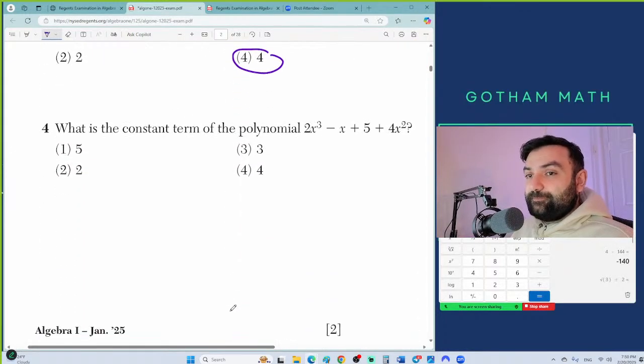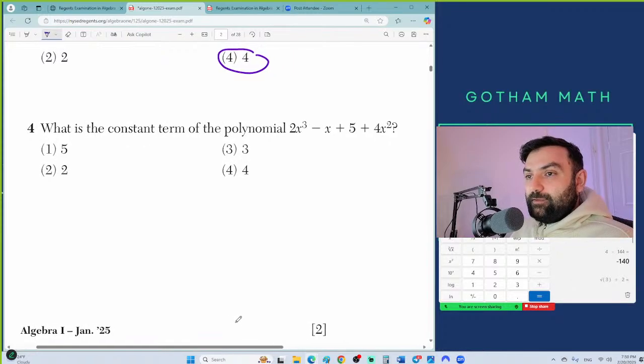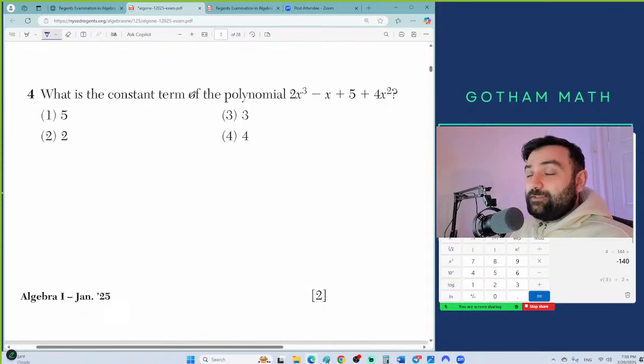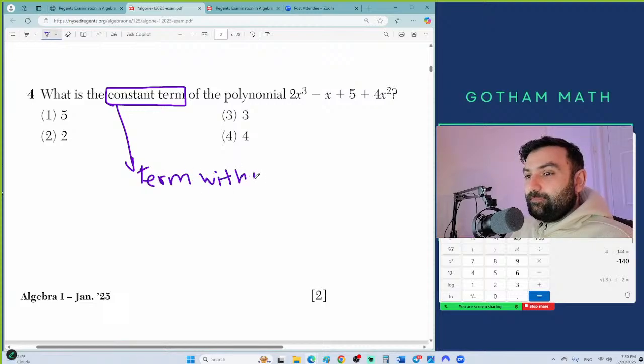Number 4. What is the constant term of the polynomial? Constant term. Term without a variable. What does that mean?